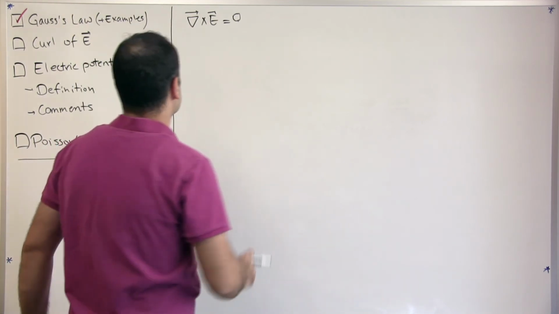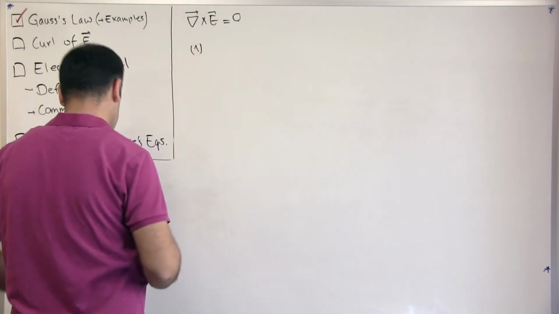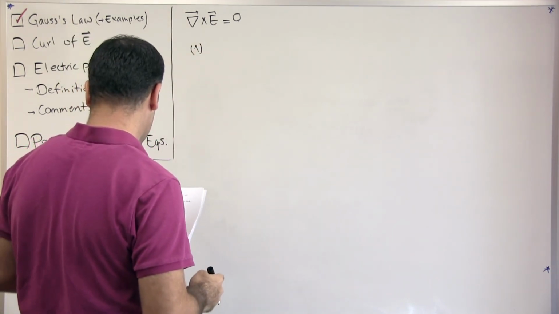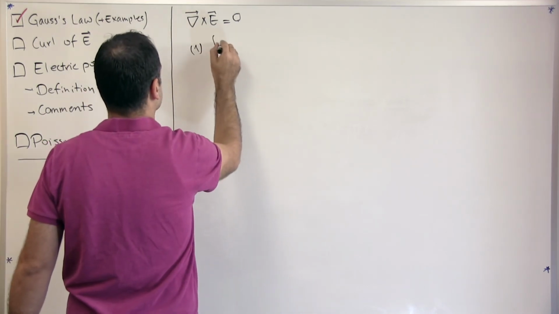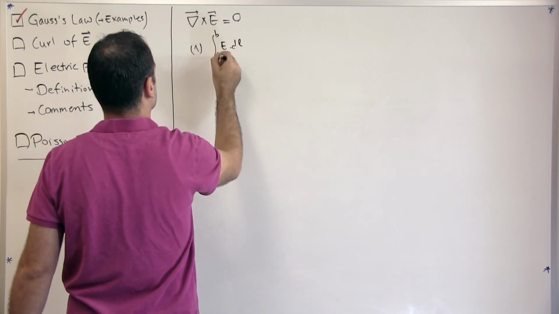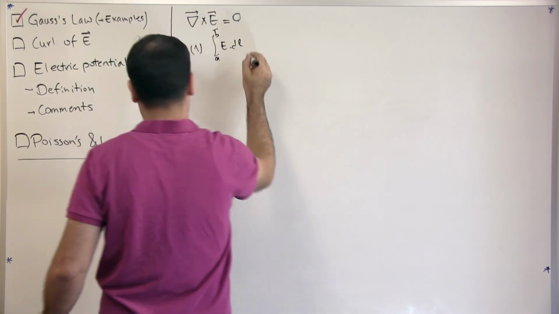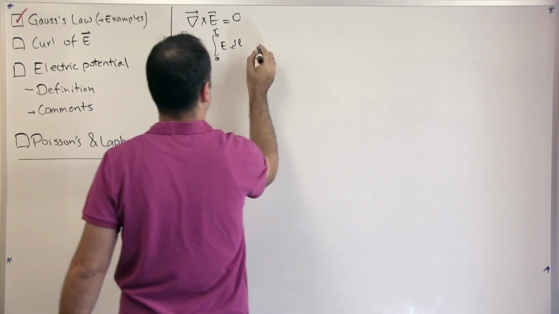Okay. So if the curl of E is 0, we have a few more properties always as well. One is if you integrate E dot dl, as we already saw, from two points A to B, the integral is independent of the path.